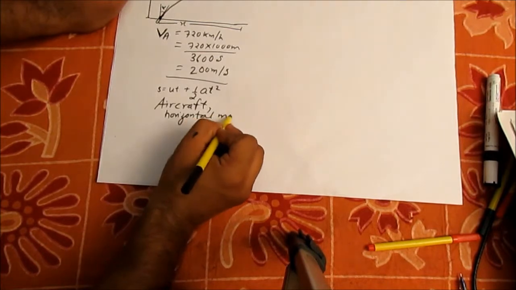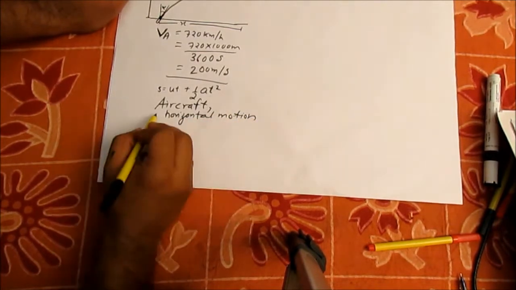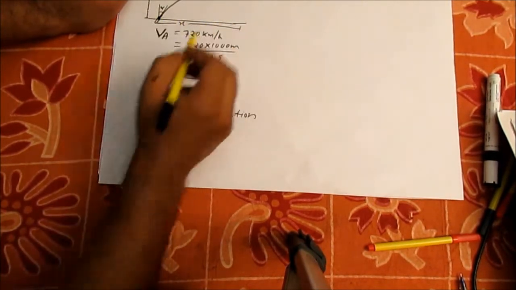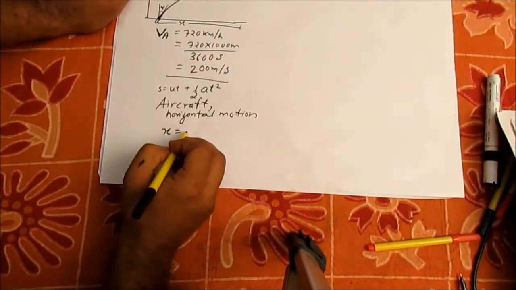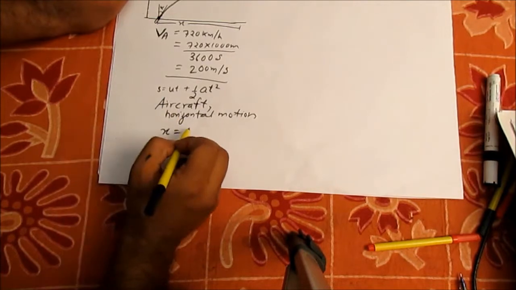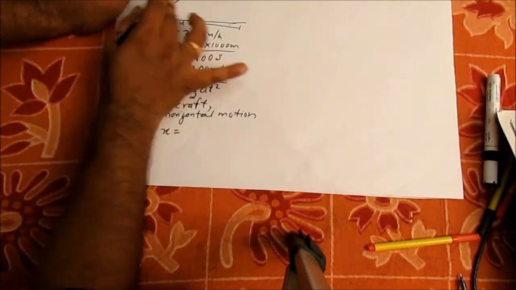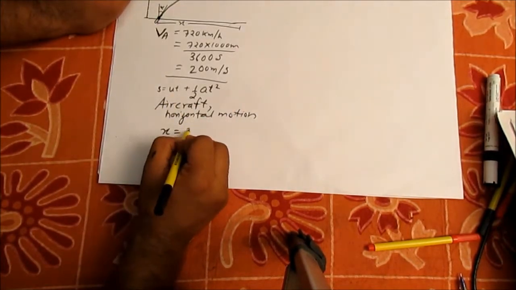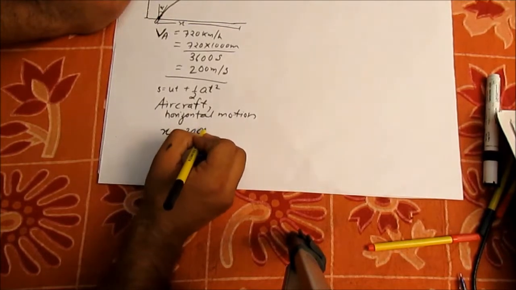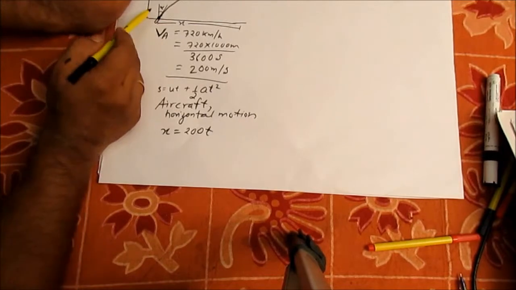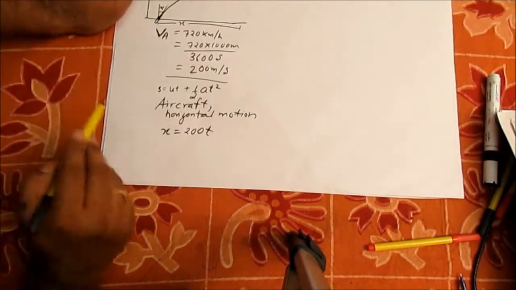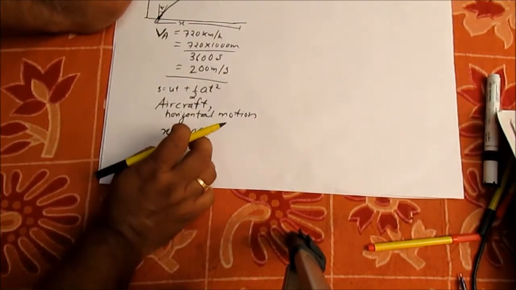So S is x here, the horizontal displacement, and u, the velocity with which it is flying, is 200 meter per second, into the time t. So t is the time it takes to reach this position: x equals 200 into t.